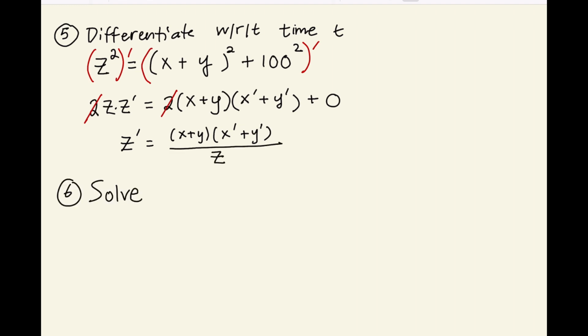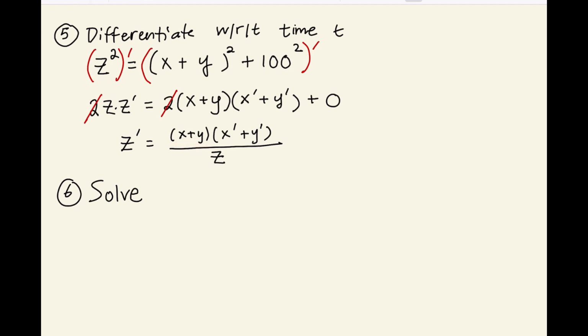So now that we have an expression for our unknown z prime, in order to solve for it, we just have to fill in all of the quantities here. So we know that x prime is 95 miles per hour. We know that y prime is 65 miles per hour, but we need to find z, x, and y, and these are the distances traveled after 4 hours.